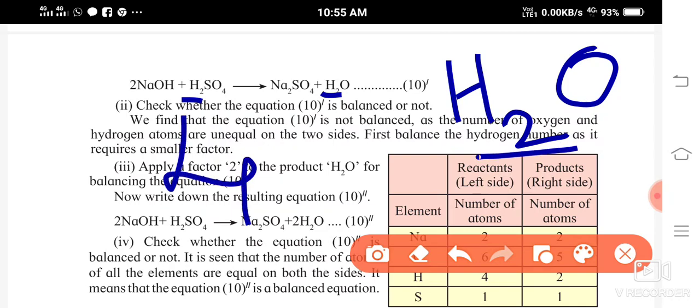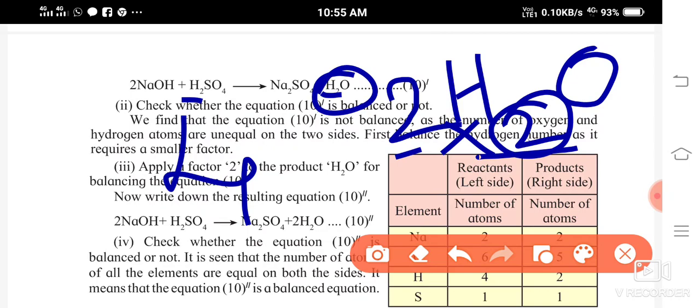You cannot make this as 4, so what you have to do is write this as 2, because you will have to multiply this factor and this one. So 2 into 2 is 4. Now when you write 2 for water, it will become 4. So 2 2s are 4.